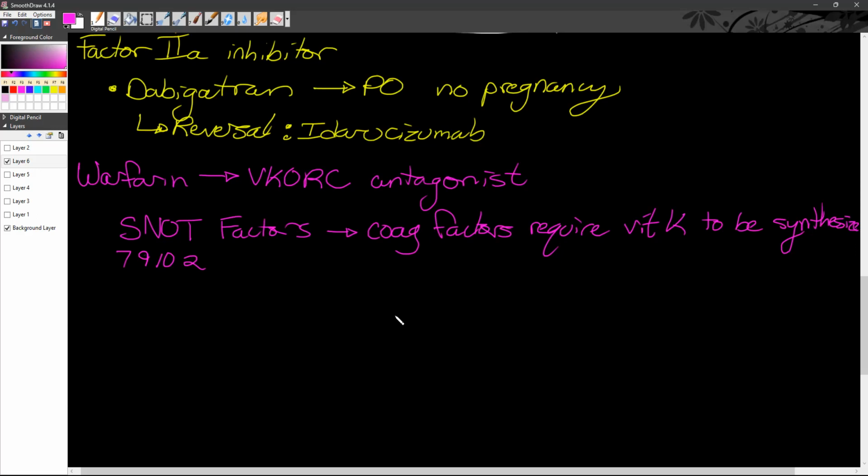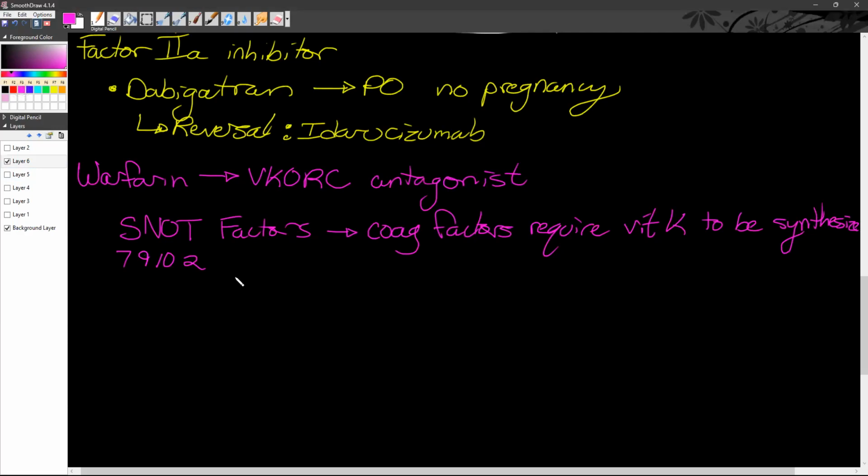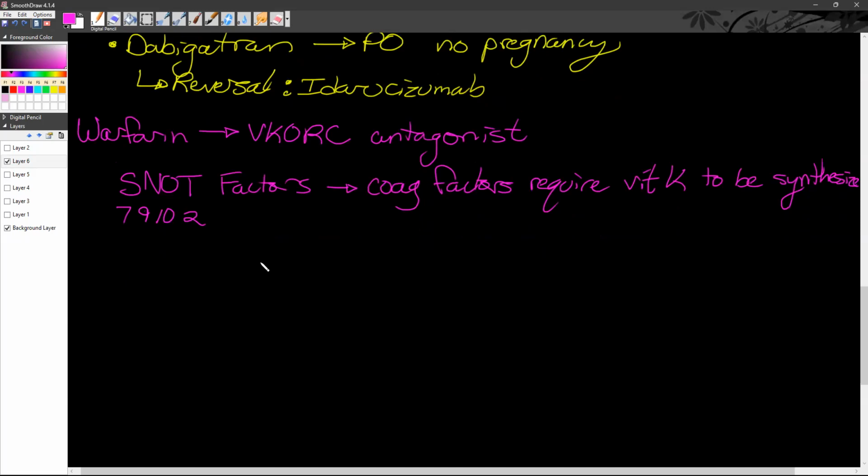So what warfarin does is that it comes in and it prevents these vitamin K dependent factors from being created. In addition to these, it also works on other procoagulation factors. Well, we're not really going to talk about it because he didn't go over it. What's important to know about warfarin is that warfarin has a lag time.